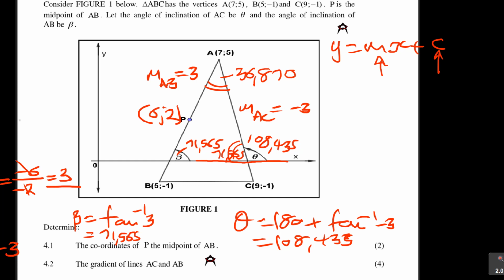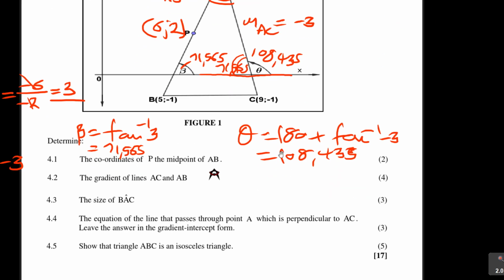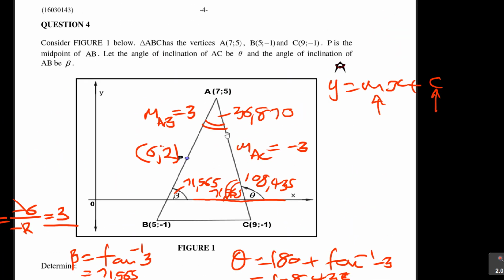So if it's perpendicular to AC, then AC's gradient is negative 3. The gradient m1 times m2 must be equal to negative 1, so the perpendicular gradient will be 1/3.